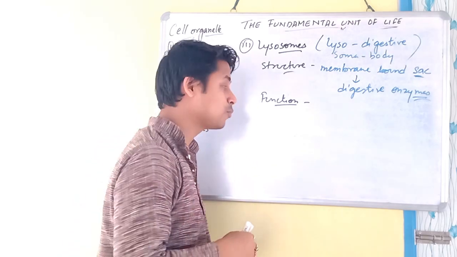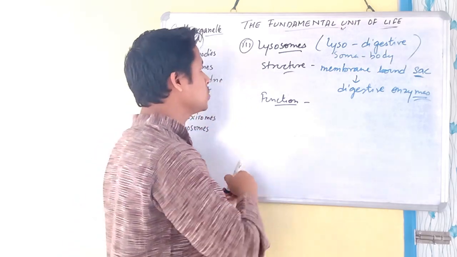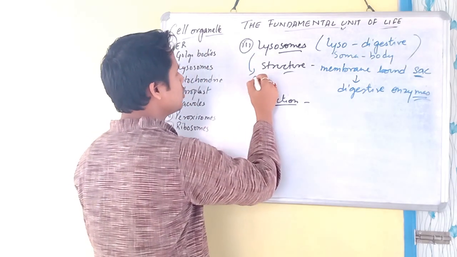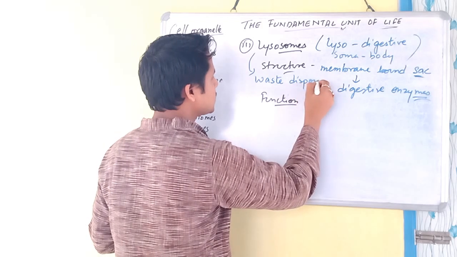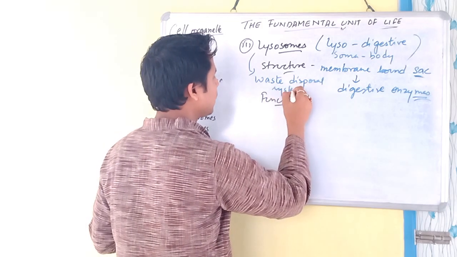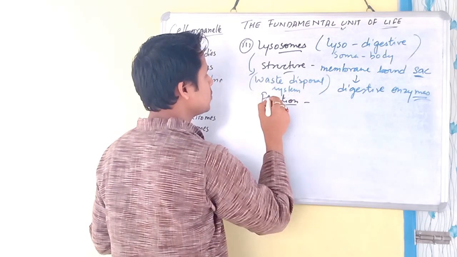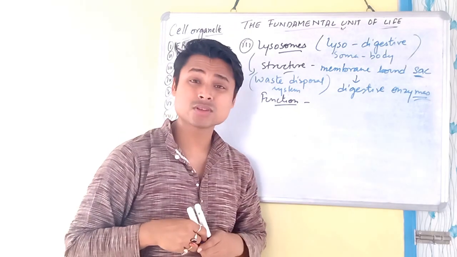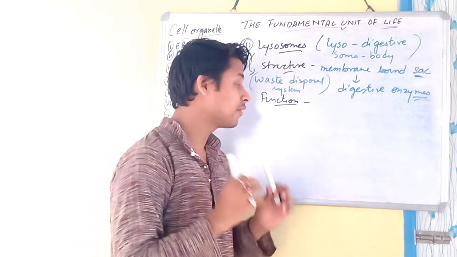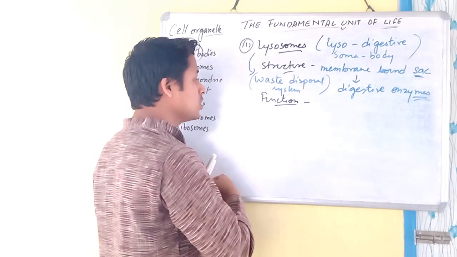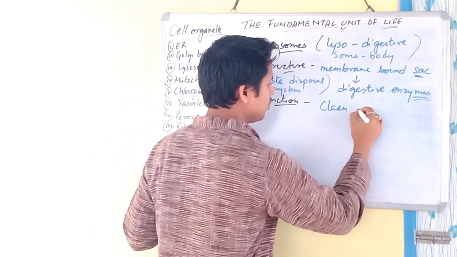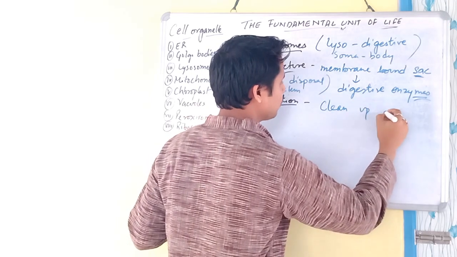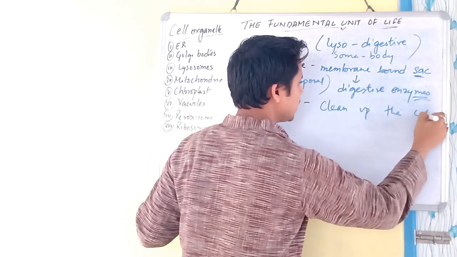Now we will see the function. This lysosome is also known as the waste disposal system of the cell, right? Why? Because the lysosome has the function of cleaning up the cell.